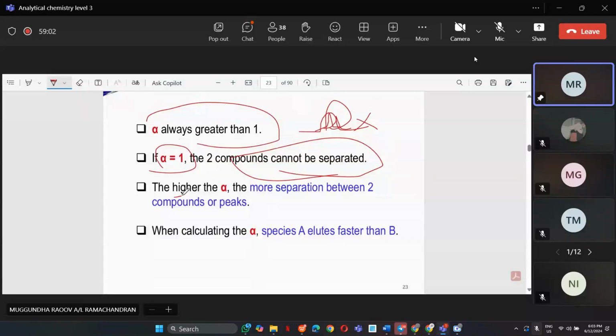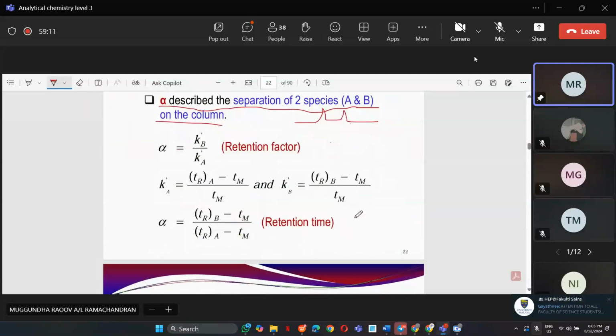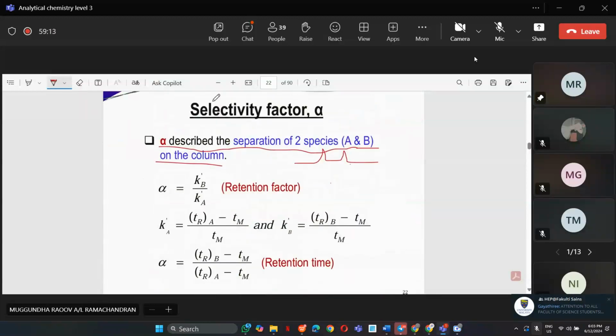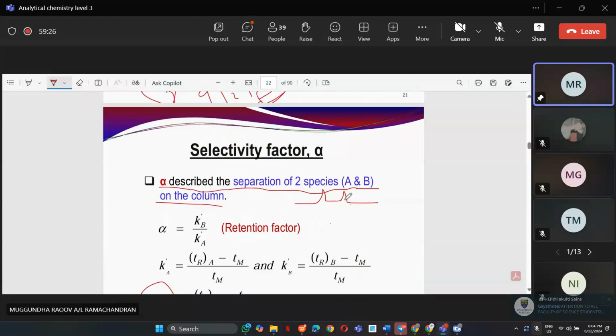Usually, the higher the selectivity, the more separation between the two compounds. So how are we going to calculate the selectivity factor? We use retention time minus the void time. Again, class, retention minus void. So this is the formula for the selectivity factor.